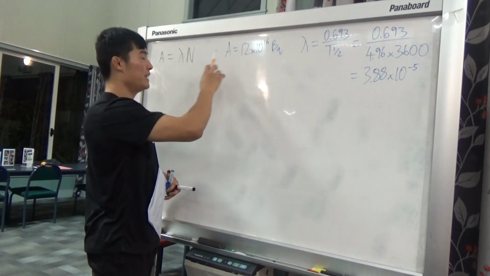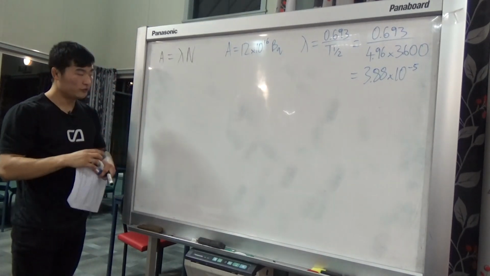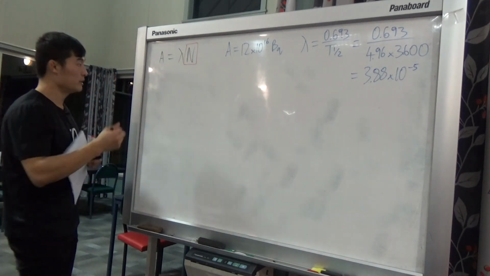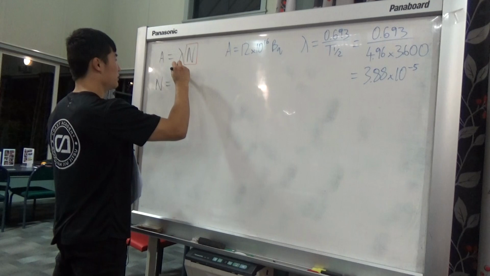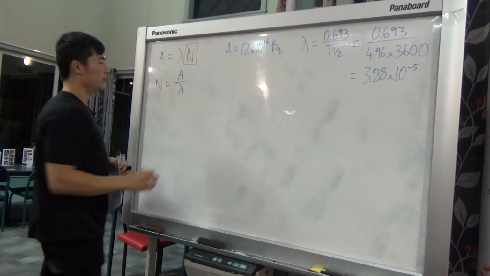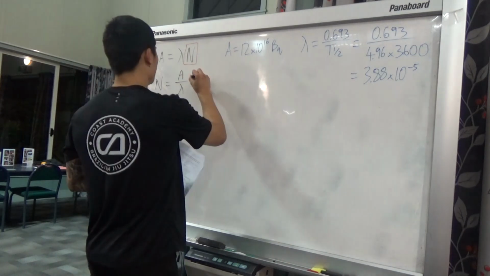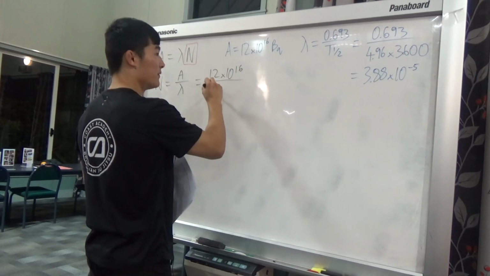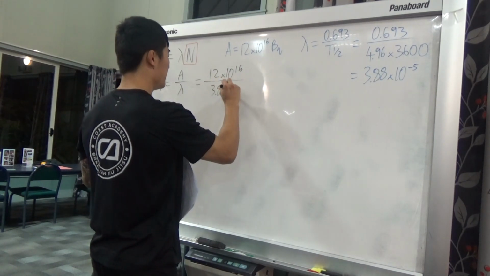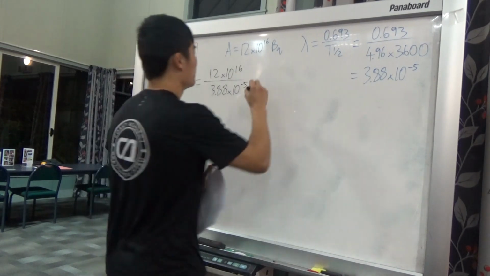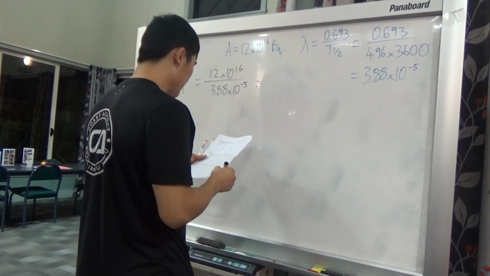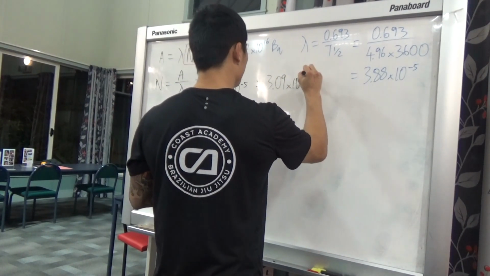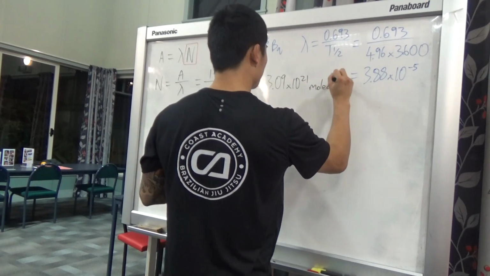So what we want to find is the number of molecules. The number of molecules is equal to the activity divided by the decay constant, which is 12 times 10 to the power of 16 divided by 3.88 times 10 to the negative 5. And that will be 3.09 times 10 to the power of 21 molecules.